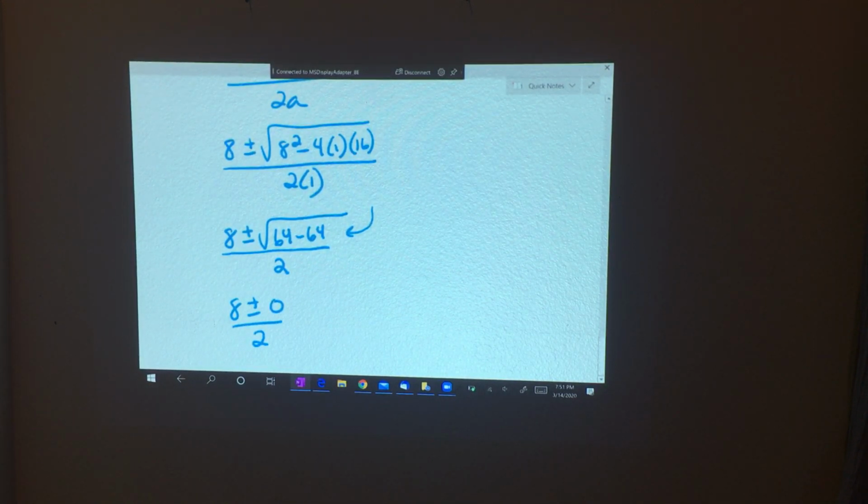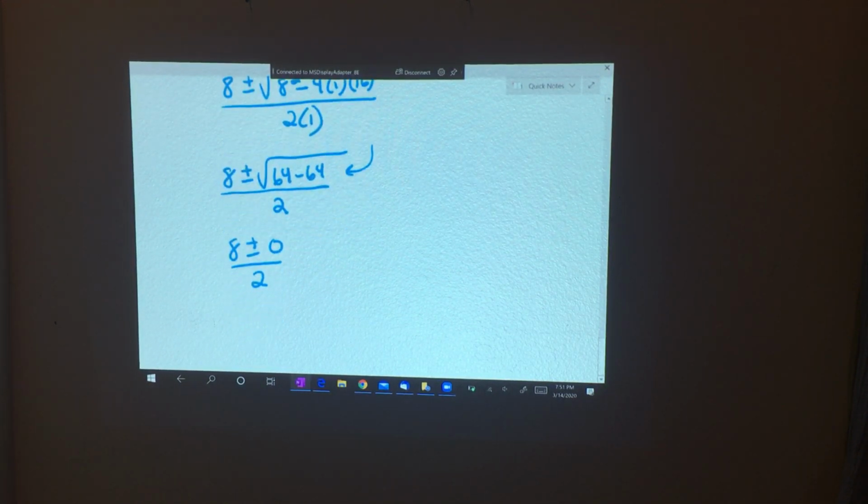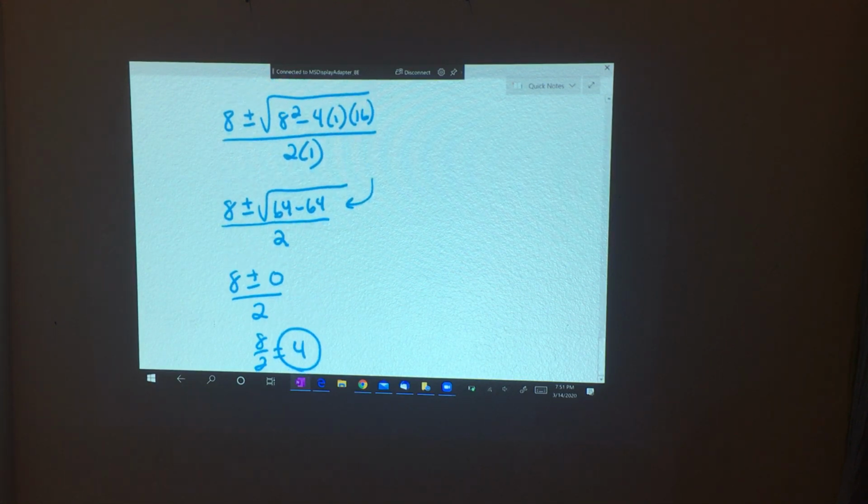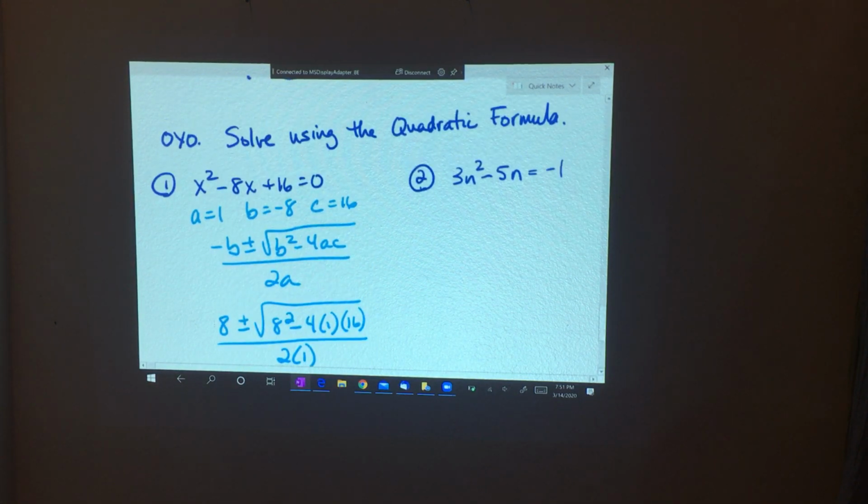So this is going to get real easy. So 8 plus 0, that's just 8 over 2. My answer is 4. There's only one answer. It's 4. Actually, you could factor this and you would get x plus 4, x minus 4, x minus 4, so they're both just 4.